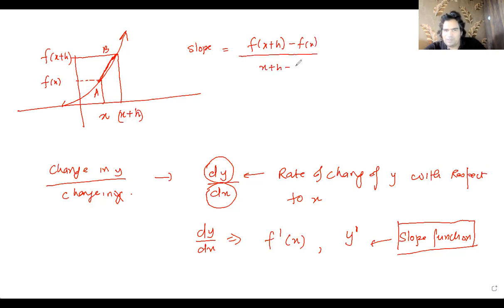That means x plus h minus x, basically y2 minus y1 over x2 minus x1. So this x and x get cancelled, and we have f of x plus h minus f of x over h. This is now my slope formula, the slope formula for this chord.